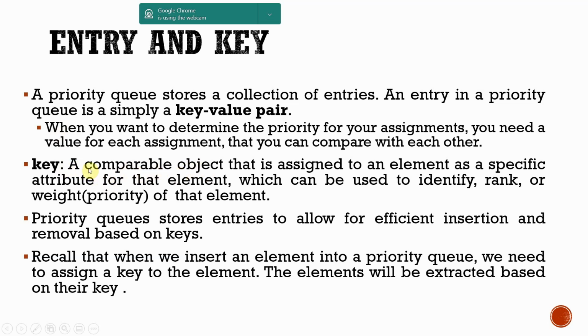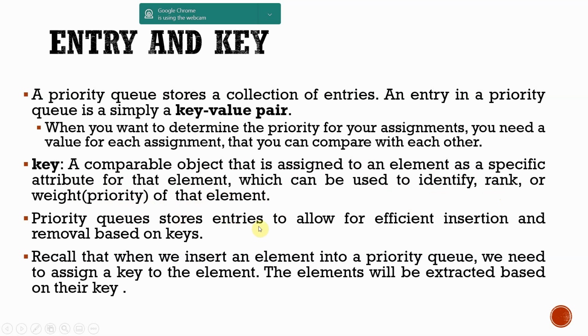This is very important, it has to be comparable so that we can compare the keys of different entries, different tasks, different elements. So a key is a comparable object that's assigned to an element as a specific attribute for that element, which can be used to identify, rank, or weight the priority of that element.